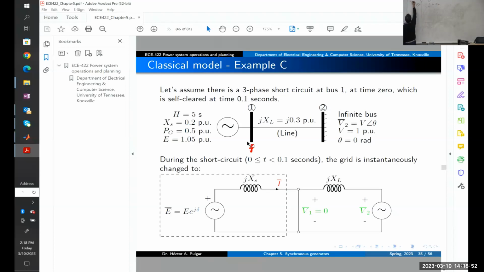This synchronous generator will have an internal voltage of 1.05 per unit. The internal reactance is 0.2 per unit. The reactance of the line is 0.3 per unit. The inertia is 5 seconds. The mechanical power is 0.5 per unit.